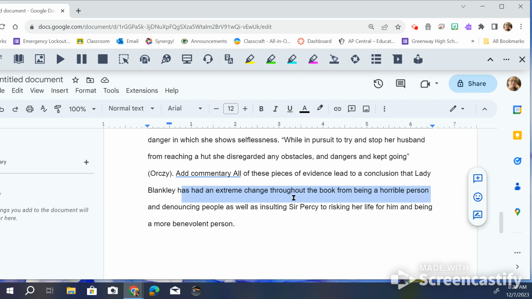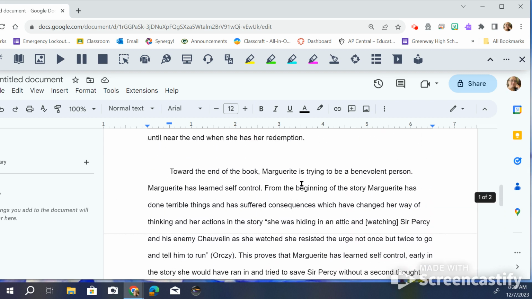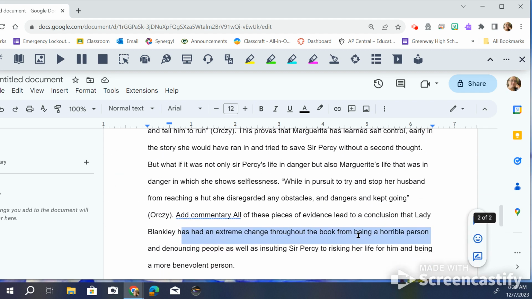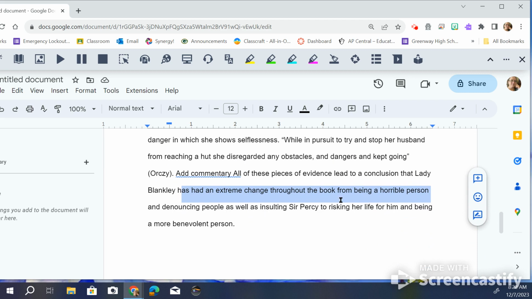And I would trim that up because what is this paragraph focused on? Benevolent. So I would trim that up. The extreme change throughout the book.